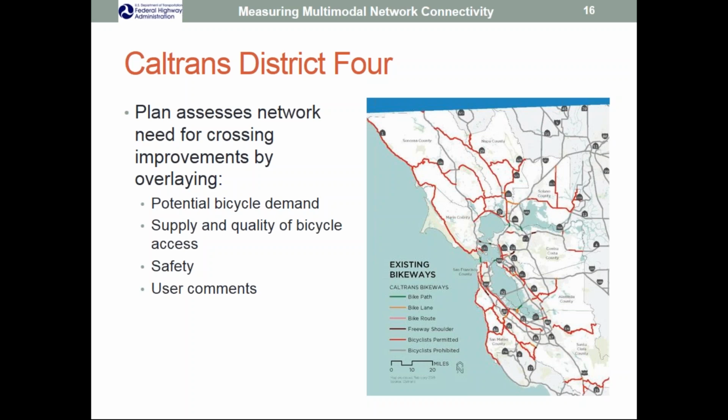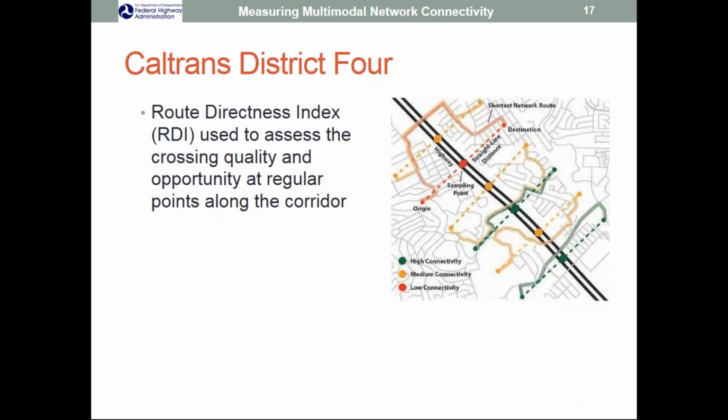across state highway facilities. So what is the barrier or opportunity that's created by state highway facilities where the DOT has jurisdiction? We used a route directness index, or an RDI, which is a tool that you can use to basically look at out of direction travel.